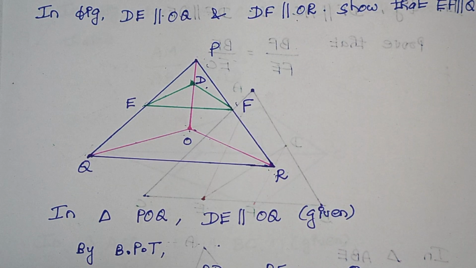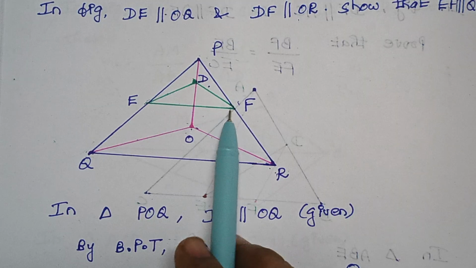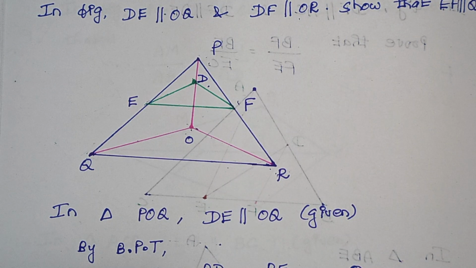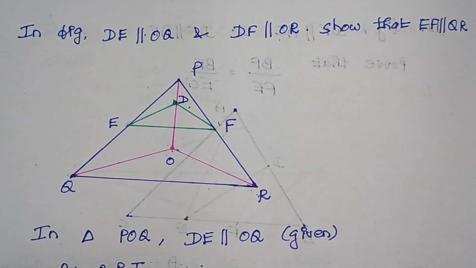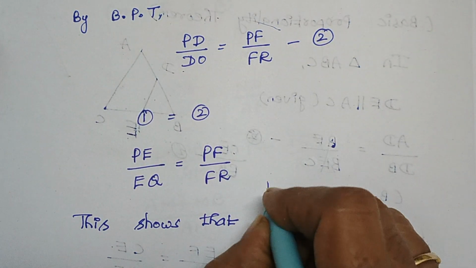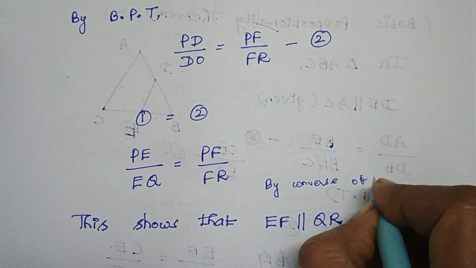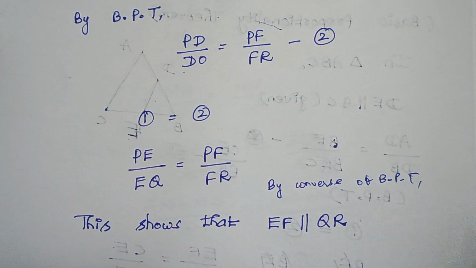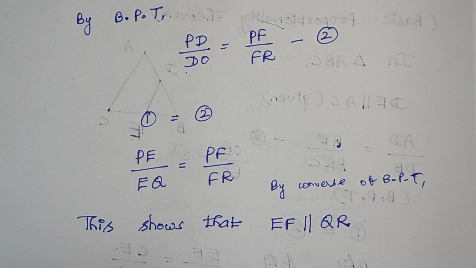Whenever the ratio of the sides of the triangle are equal, then obviously this side is parallel to this side. EF is parallel to QR. So this is what we are expected to prove. So when this ratio is equal, by converse of basic proportionality theorem, we can conclude that EF is parallel to QR.